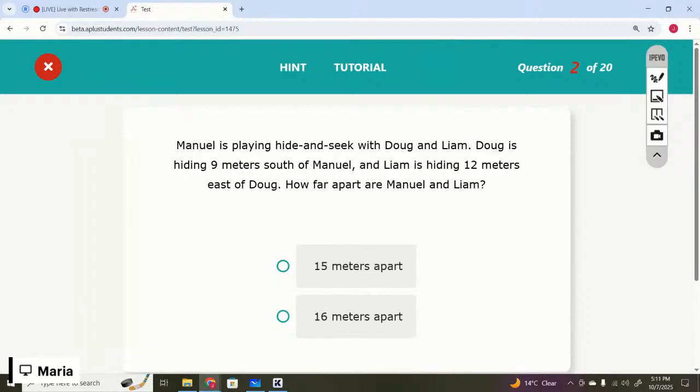So one of them is hiding in the south and the other one is hiding in the east. 9 meters and 12 meters.